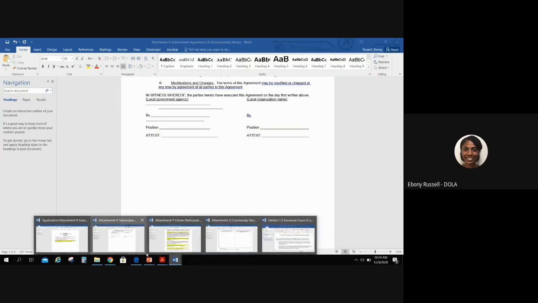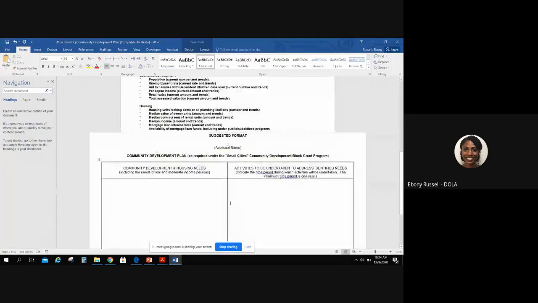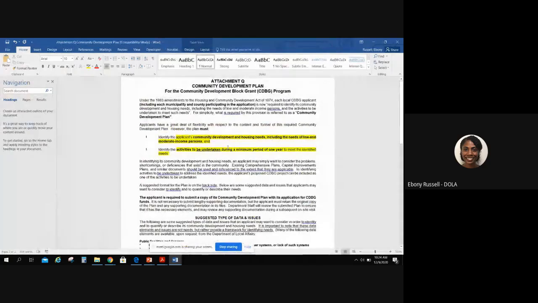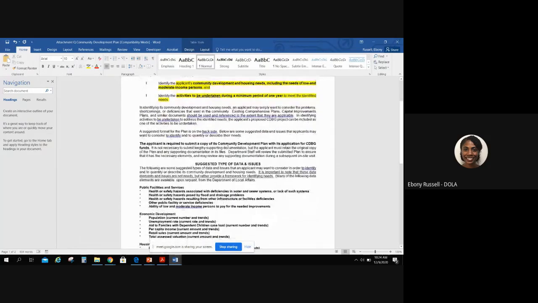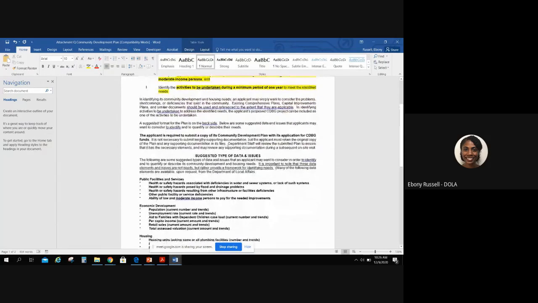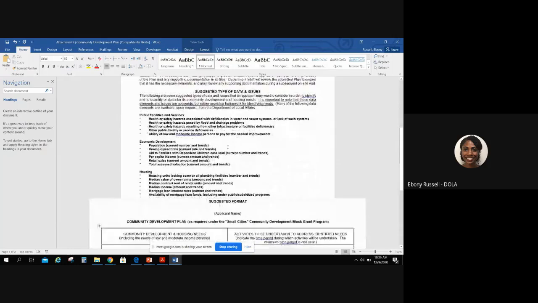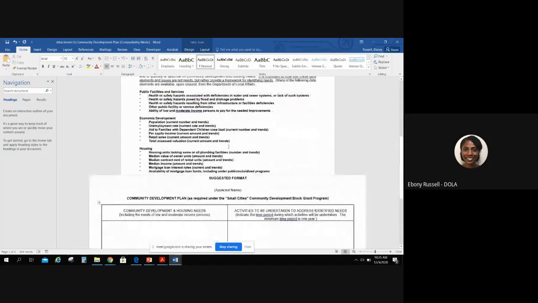Attachment Q is stating that you have a community development plan, that your project has identified needs in this area where you will be developing the project, and that you have activities that will be sustained for a year that will address those needs.